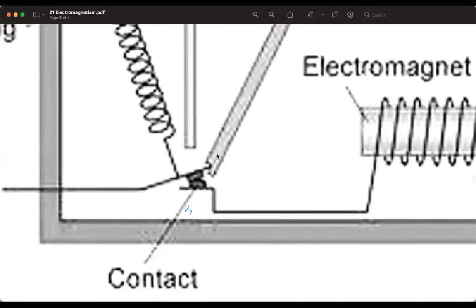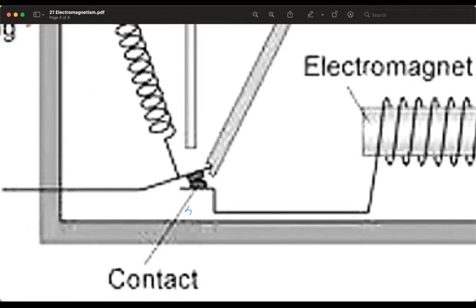Okay, so what happens is when the current is too high, this armature will be pushed towards the electromagnet, and then the spring will pull the contact up. So this whole thing will be pushed up by the spring when the soft iron armature is attracted to the electromagnet.